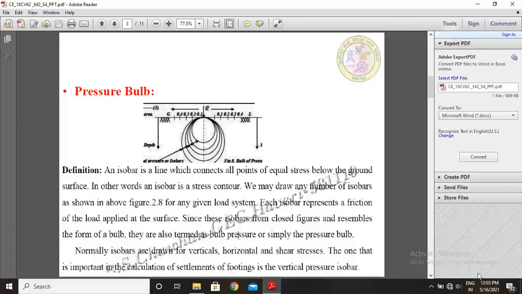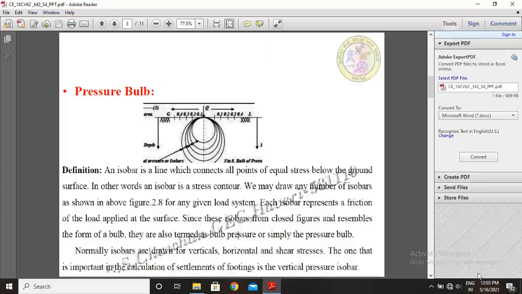Since these isobars form closed figures and resemble the form of a bulb, they are also termed bulbs of pressure, or simply the pressure bulb. An isobar is a stress contour, or a line which connects all points below the ground surface at which the vertical pressure is the same.